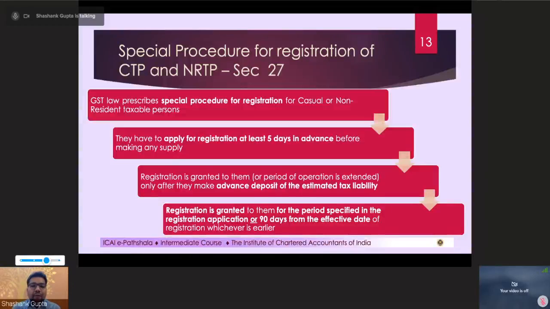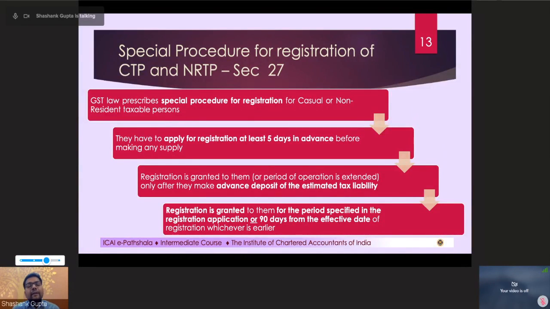They have to apply for registration in advance, at least 5 days in advance before making any supply. Registration is granted to them only after they make an advance deposit of the estimated tax liability. Registration is granted to them for the period specified in the registration application or 90 days from the effective date of registration, whichever is earlier.